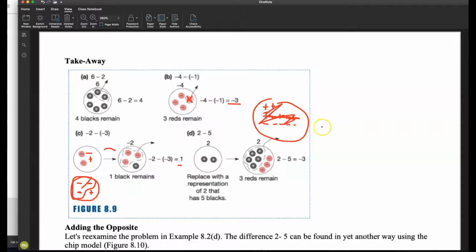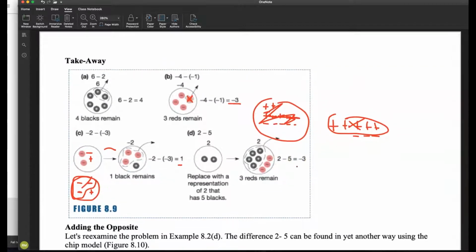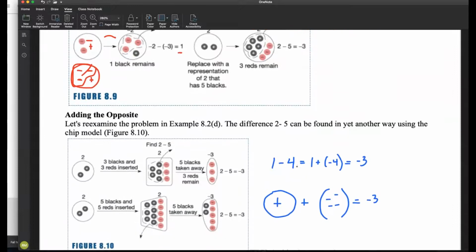Let's do that again. I have 2 take away 5, so there's my positive 2. I don't have enough to take away, so I add 3 more to get my 5, but to keep it balanced, I keep the negative. Now I can take away the positive 5. And what am I left with? Negative 3. So that's a set model takeaway approach that you want to play with.